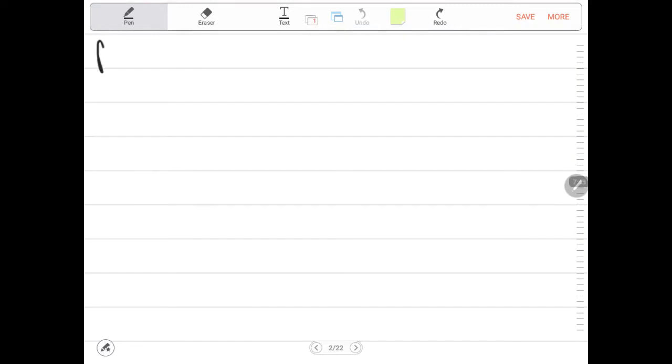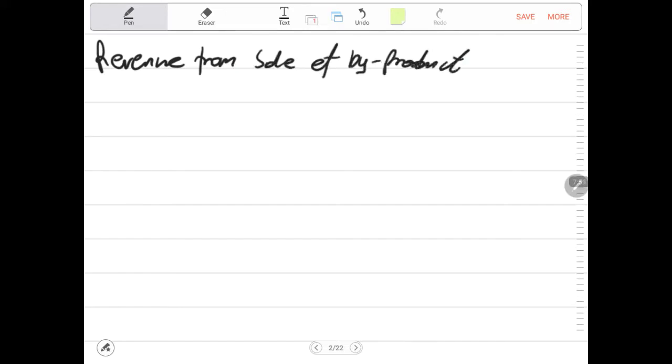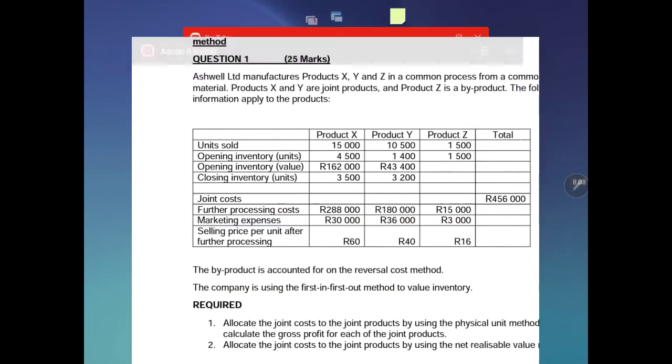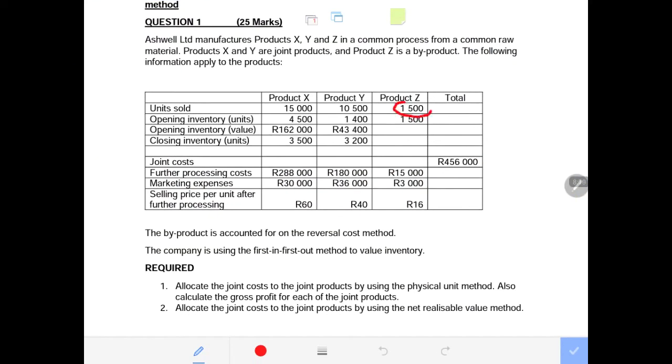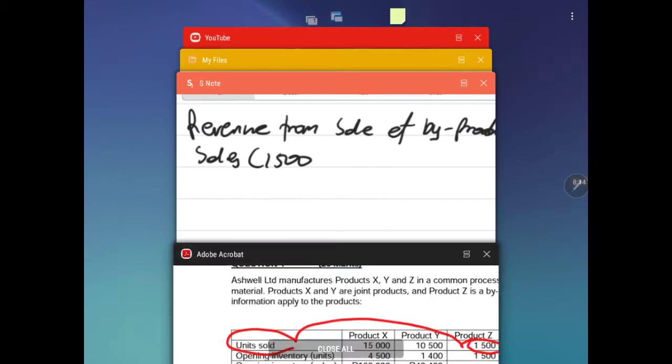Now, revenue from the sale of the byproduct. We look for this revenue from the sale of the byproduct. We have our sales where we sold 1,500 units of the byproduct, units sold.